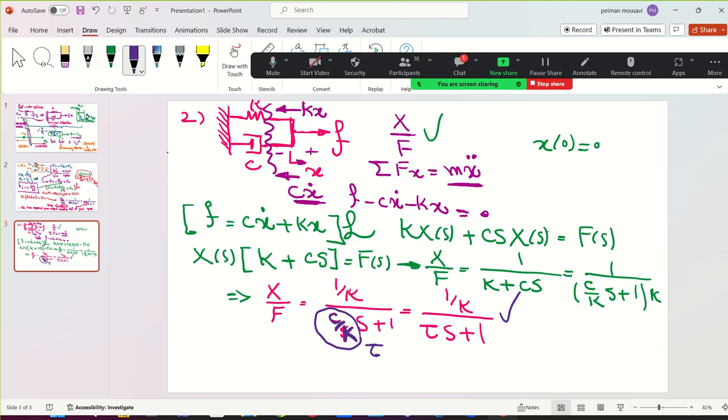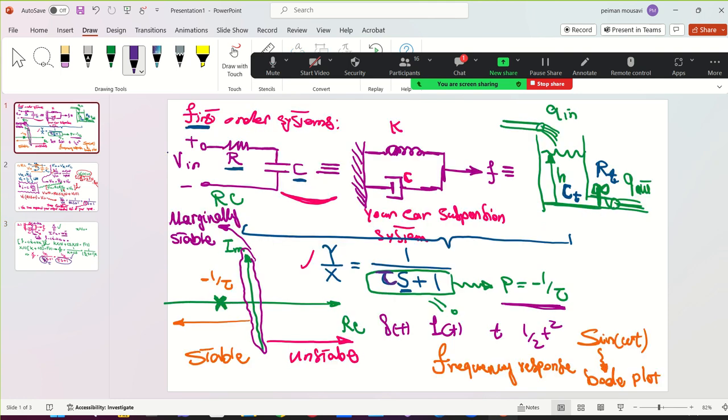First order system, one stable pole. So, being said, you see that RC circuit dynamically is the case of spring and damper. Bingo. Now let's say these two also the same.